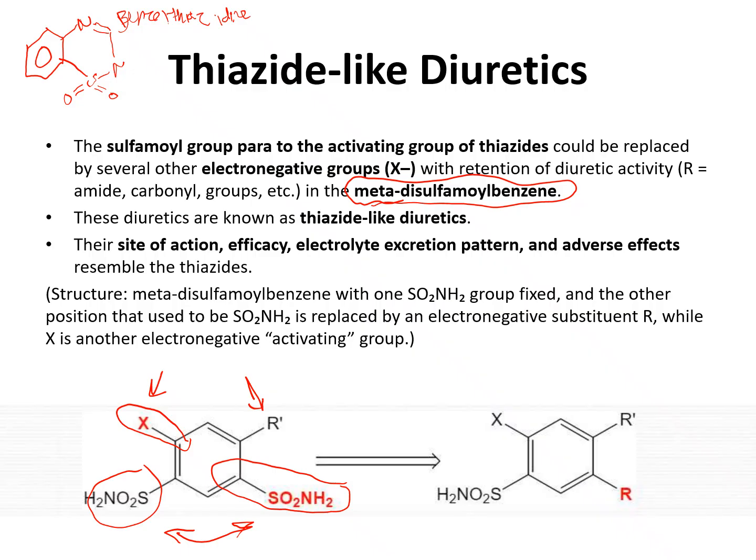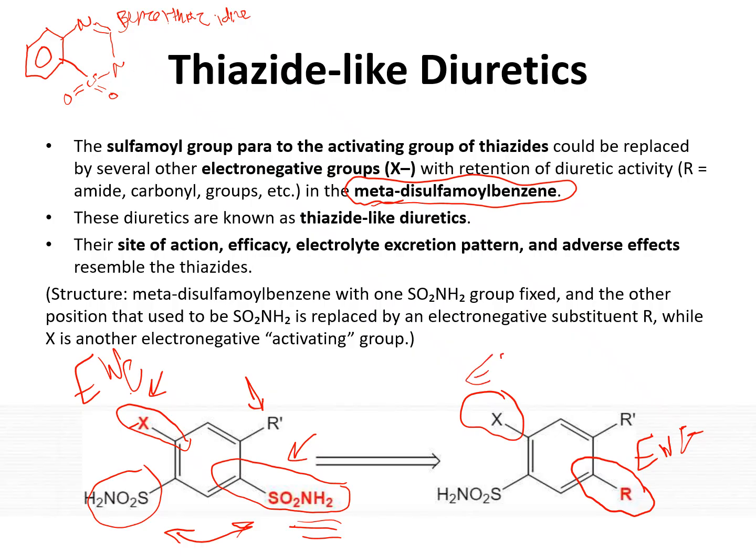However, in newer generations you will see that this structure has changed, where basically the second sulfamoyl here, which is para to this electron withdrawing group اللي هون or para to this X, has been replaced with other electron withdrawing groups. So you will have two electron withdrawing groups in the structure, as you can see, in addition to وجود هاي السلفامويل. طبعا وجود هاي السلفامويل very essential، ما بنقدر نغيره هون.